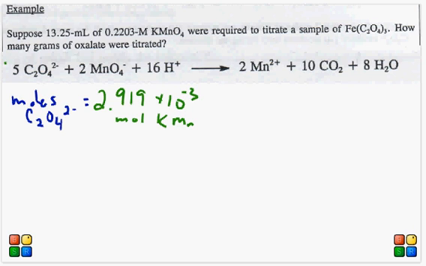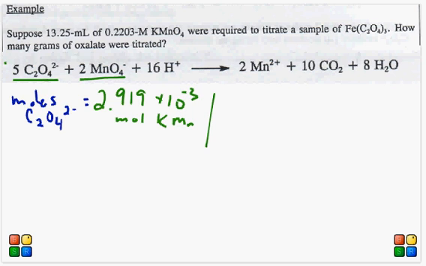Now, I want to emphasize one thing. Even though they directly convert from the 2 to the 5, which is based off this equation, what we actually solve for is the entire compound, potassium permanganate.